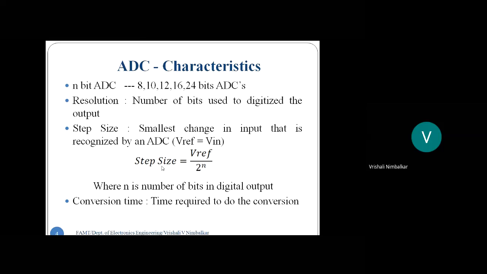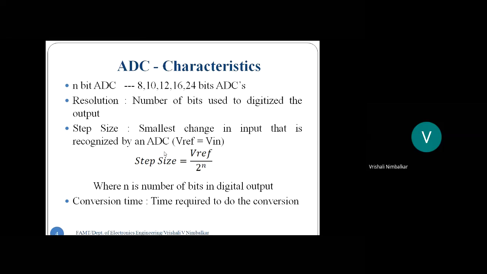So one more characteristic of ADC is accuracy. Whatever digital data has been converted, how close is the digital data with respect to the analog signal? That is called accuracy. And that accuracy depends on the step size. Smaller the step size, more accurate is the conversion. Is that okay?